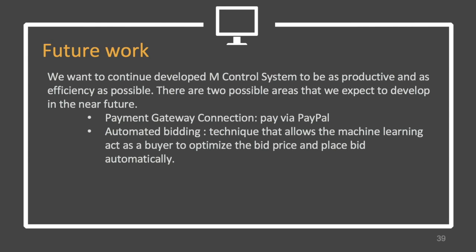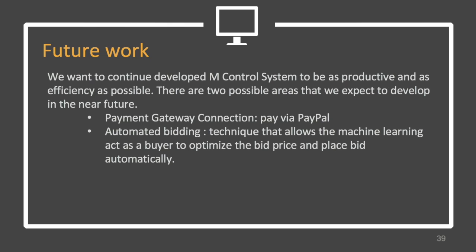Okay, next and the last one is future work. Recently, we only focused on how to control the output from each module, such as auction, product post, and security. Therefore, we want to continue developing the M-Control system to be as productive and efficient as possible.